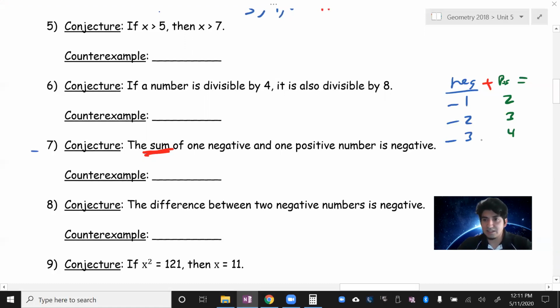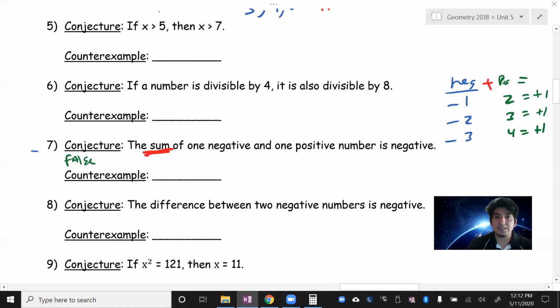So if I say negative 4 plus negative 3 plus 4 gives you a positive 1. Negative 2 plus 3 gives you a positive 1. And this one gives you a positive, oh, look at that, positive 1s. So the sum of a negative and one positive number is negative. So that would be considered false.